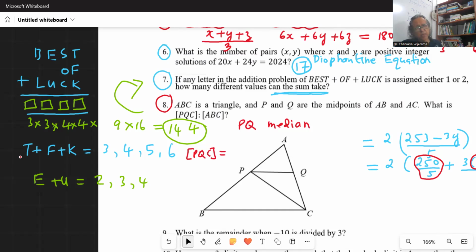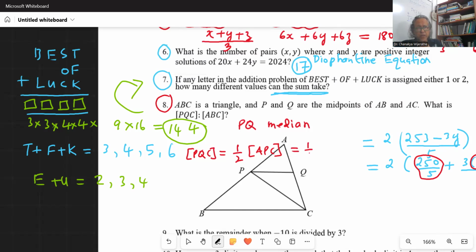You can see that, right? It is half of the area of the triangle APC, because AQ and QC are equal, right? So this is half of the triangle APC.